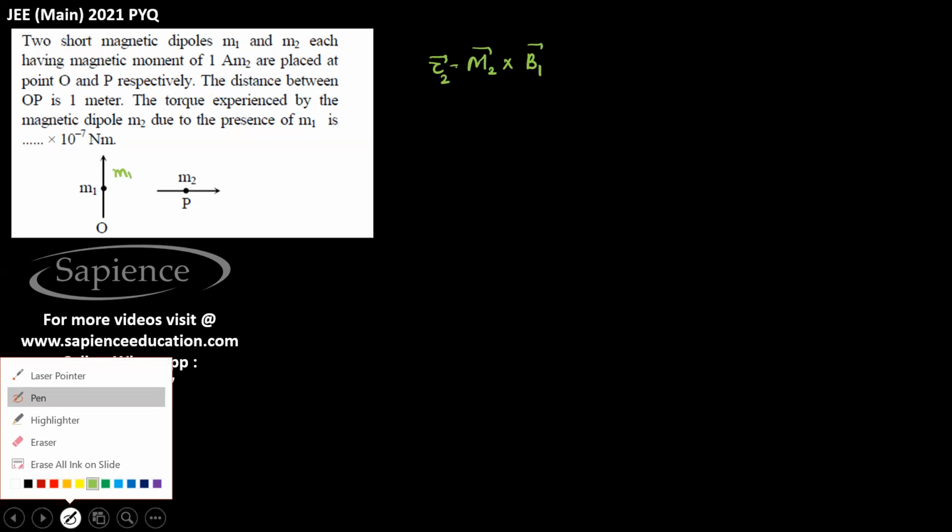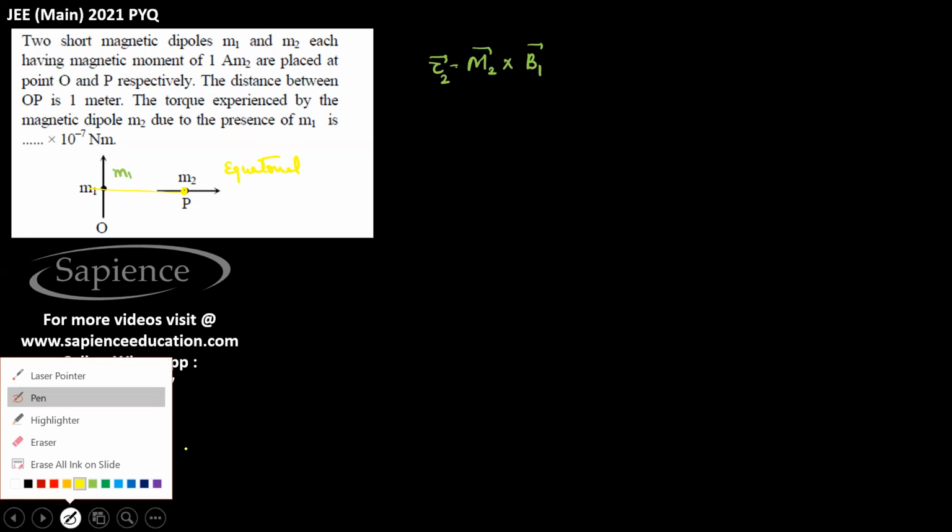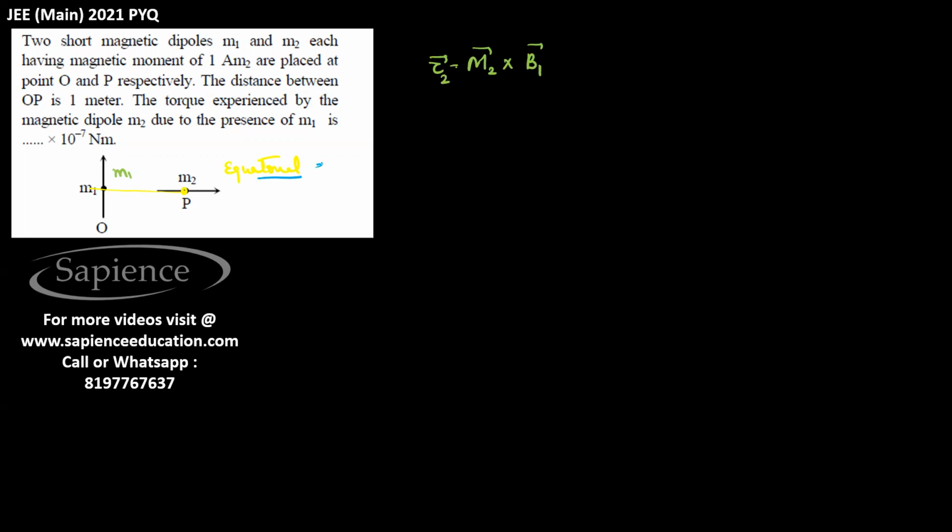You need to calculate the magnetic field because of 1 at 2, and this point 2 is at an equatorial position of 1. The formula for magnetic field at an equatorial position is mu naught by 4 pi, M by r cubed, and the distance between them is 1, so 1 cubed.